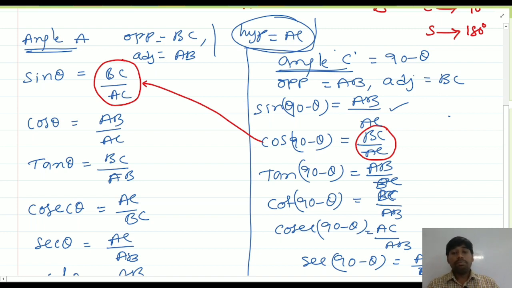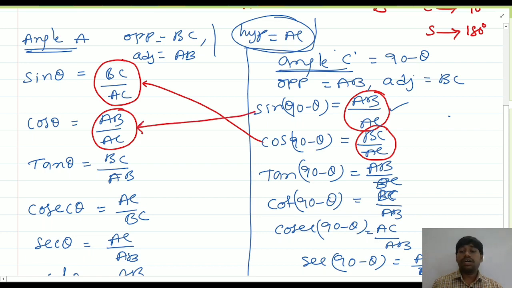So the complement of sine is cos 90 minus theta, or the complement of cos 90 minus theta is nothing but sin theta. Observe cos theta here: AB by AC. You see that sin 90 minus theta is AB by AC. So sin 90 minus theta becomes cos theta.